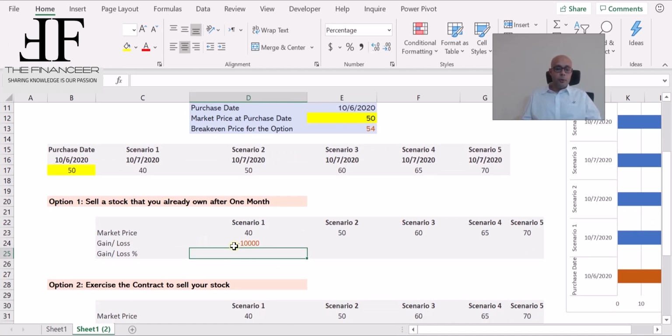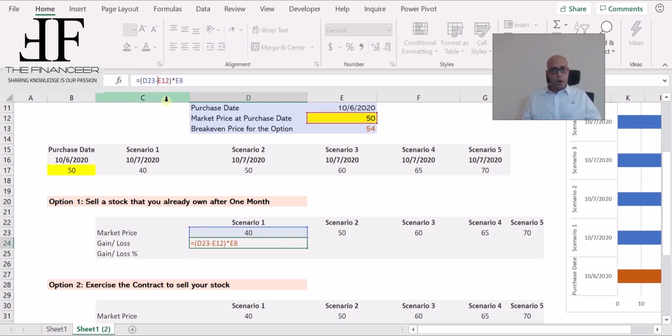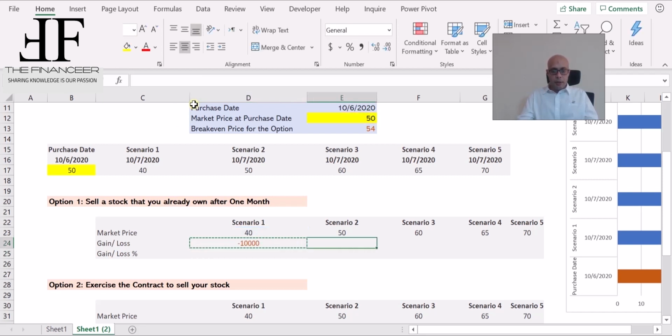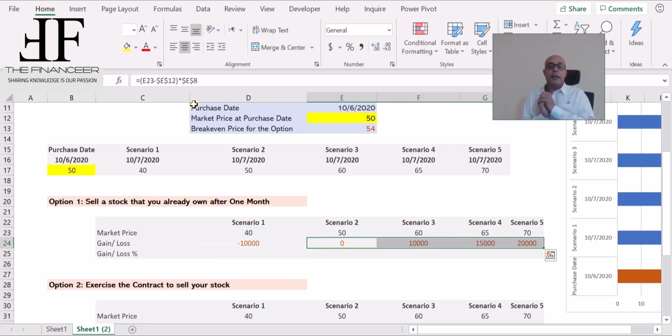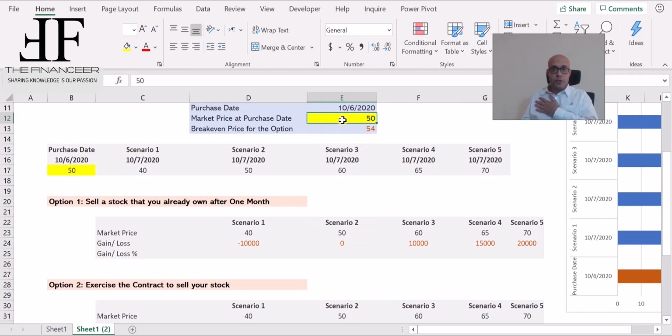Okay, now if you would like to calculate the same formula for the other scenarios, we are going to make some absolute references here, and this will be the remaining gain and loss for the other scenarios. So in scenario number 2, because you are going to sell at 50, which is the same price that you purchased at, you don't have any gain or loss. But starting from scenario number 3, you are going to start achieving some gains because the market price starts to increase over the purchase price.